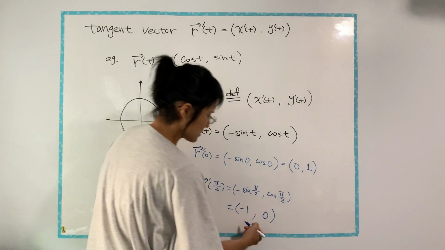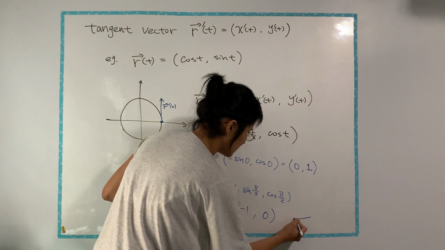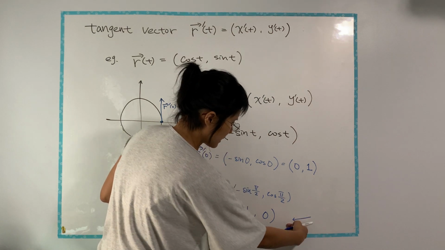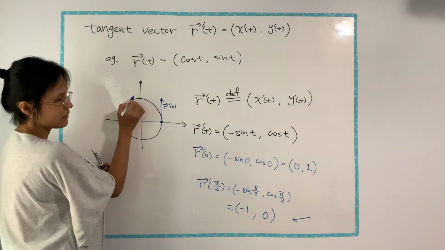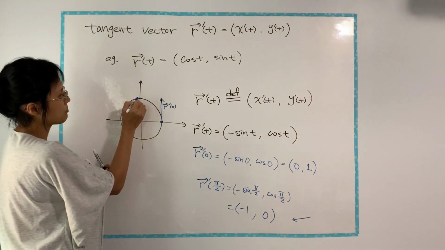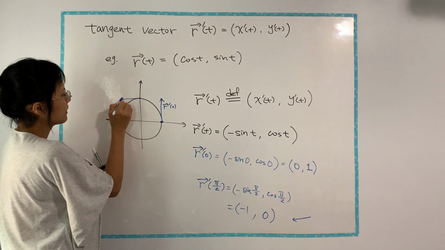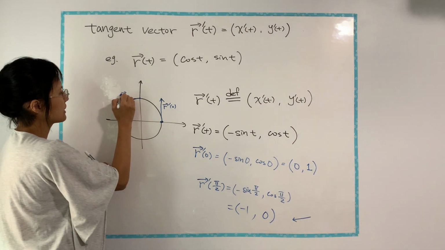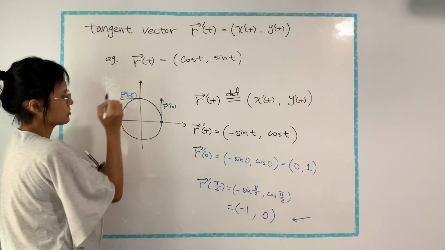So what direction is this? It's pointing along the x direction, but in the negative x direction. So it's like that. If I start from r of a half pi and draw the vector, this is the vector I get, r prime of pi over 2.